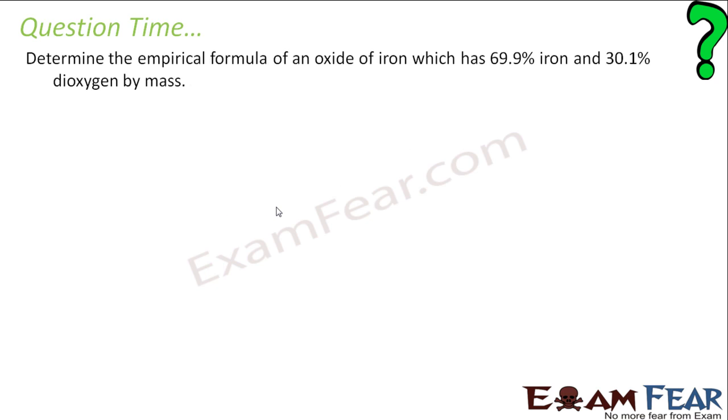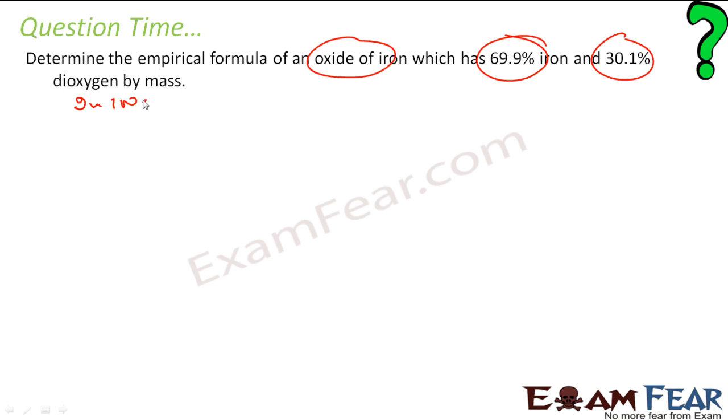Find the empirical formula of oxides of iron, which has 69.9% iron and 31% oxygen. So again here, let's assume we have 100 grams of that compound, that oxide of iron, because percentage is given. So let's assume in 100 grams of Fe oxide, I am told that 69.9 grams of iron and 31.1 grams of oxygen.